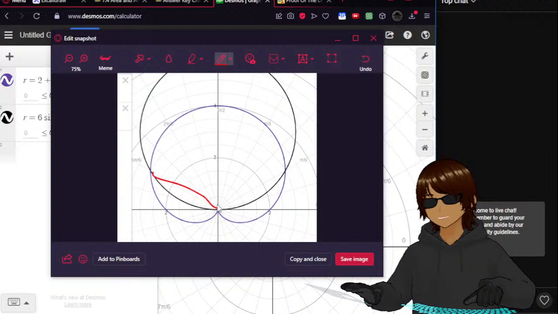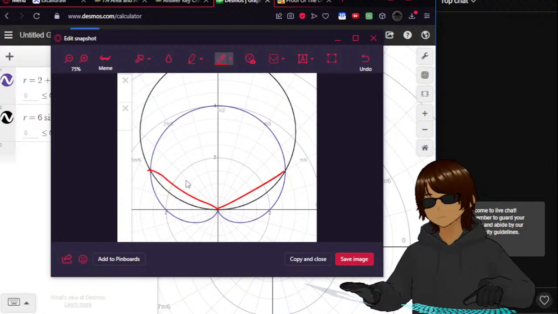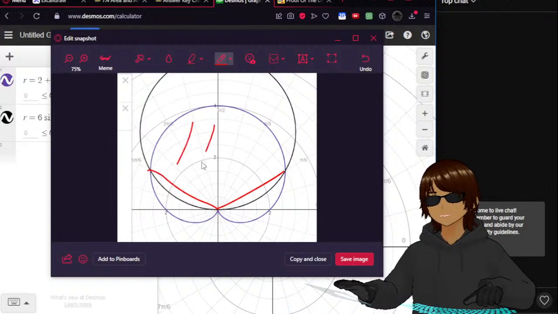So 5 pi over 6 and pi over 6. So basically I'm getting this area.